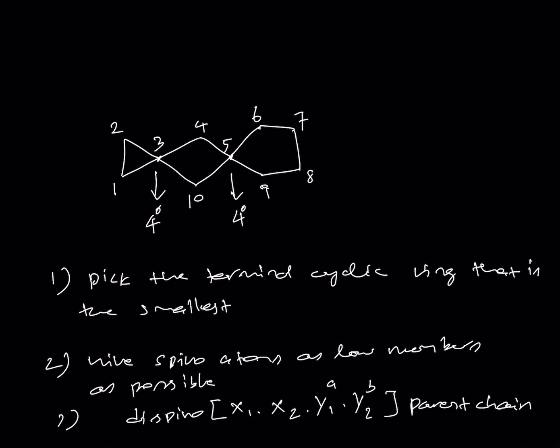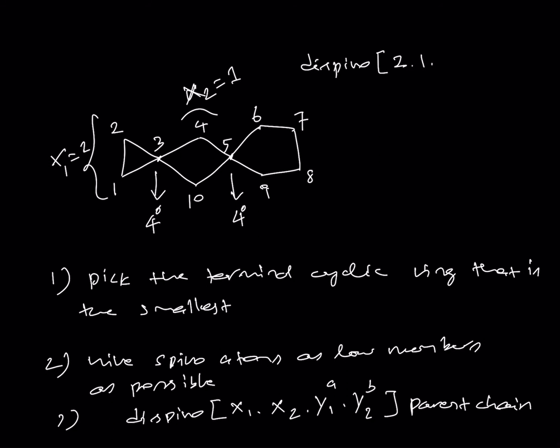So for this compound, it is dispiro. No substituents are there, so dispiro. And then what is the value of x1? The value of x1 is these two carbons. So x1 is equal to 2. You have 2 carbons there, and the value of x2 is this one. So x2 is 1.